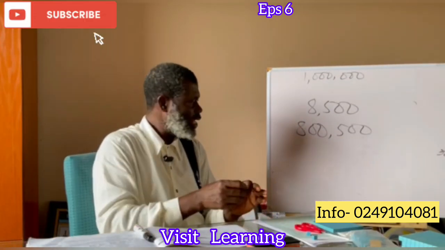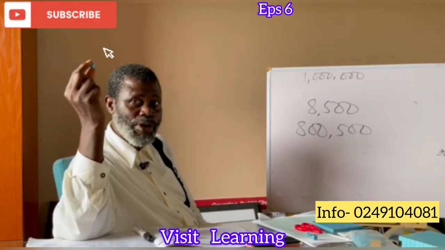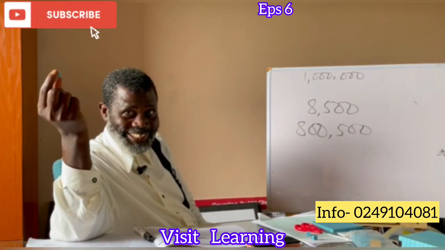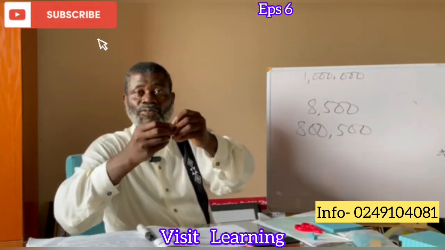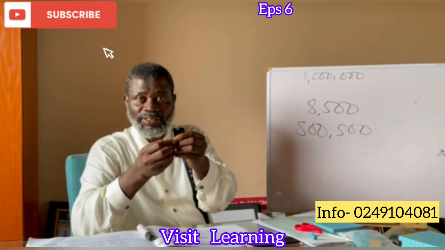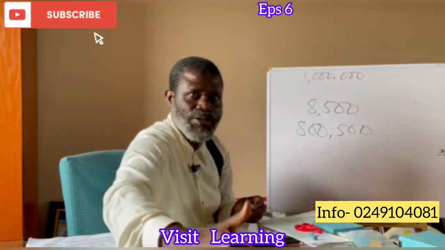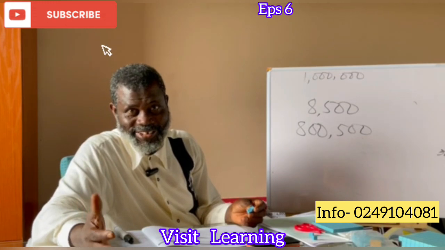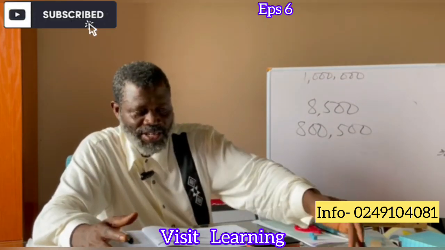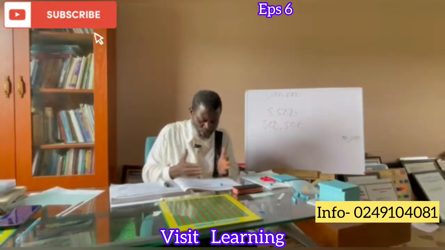But then again, let's see. If I decide to use this to represent 500, then 2 of them will be 1,000, right? Picking a rod will mean that I'm going for 5,000. So units are very important, and we have to help our learners to know this.